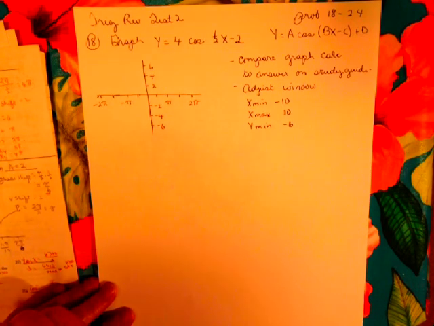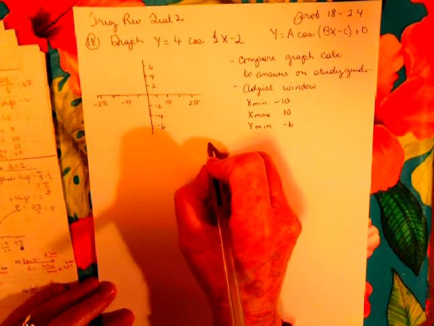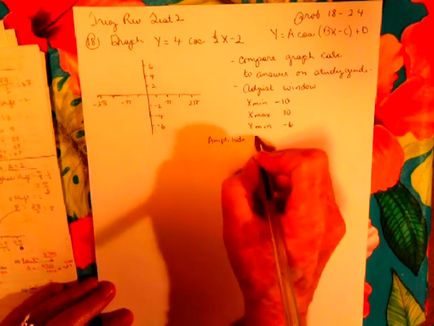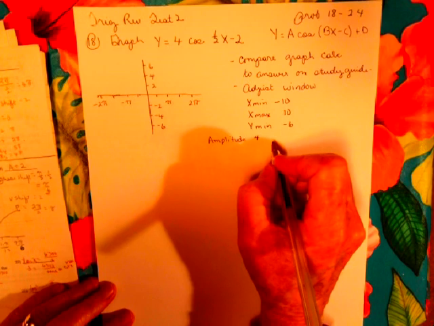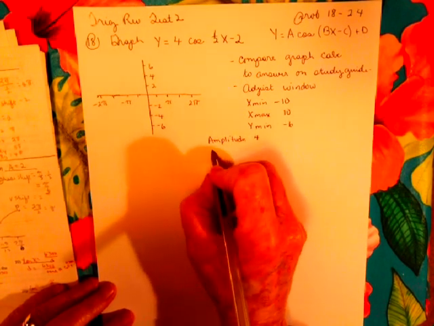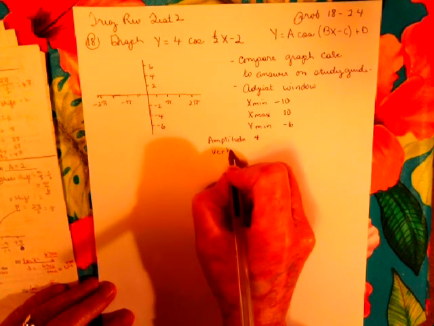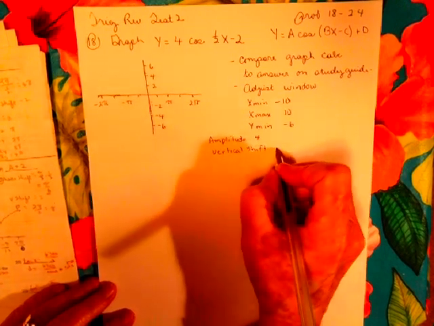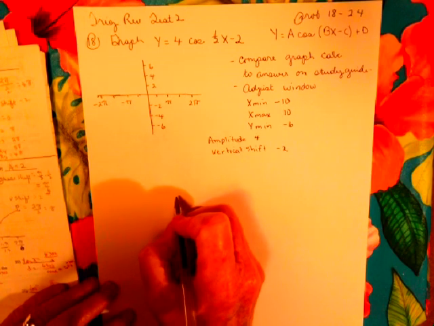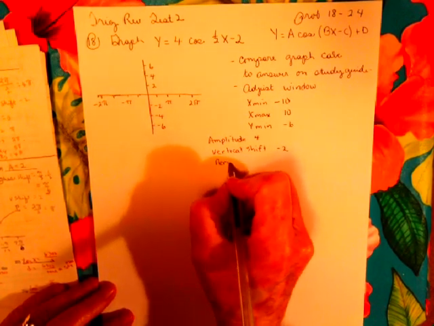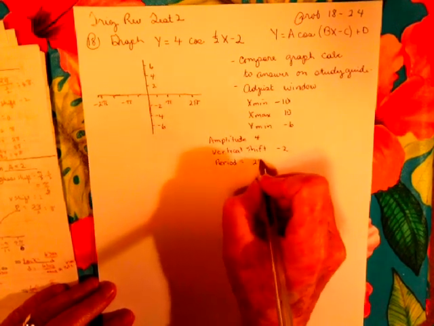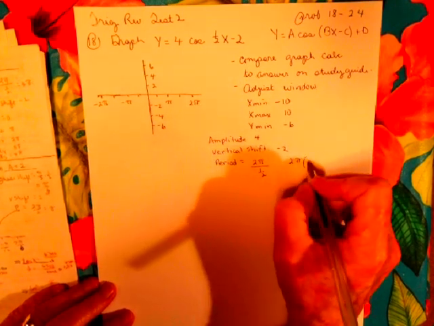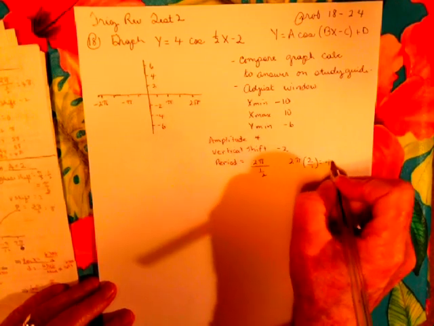You know by looking at this that this has amplitude four, that it has vertical shift -2, that the period equals 2 pi divided by 1/2, which is 2 pi times 2/1, which is 4 pi.